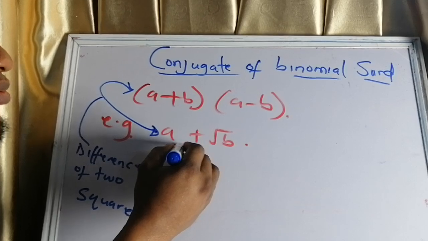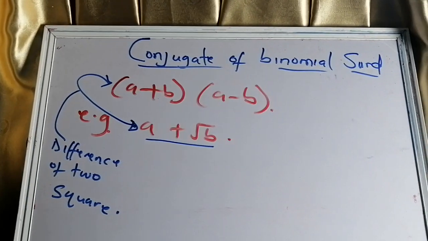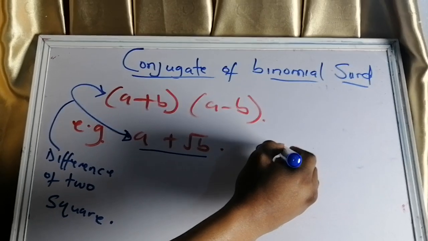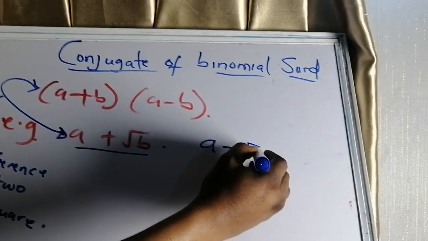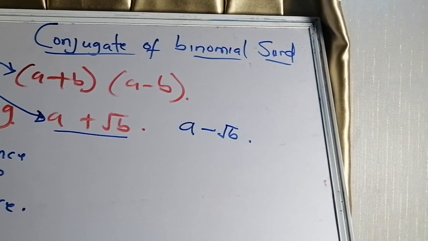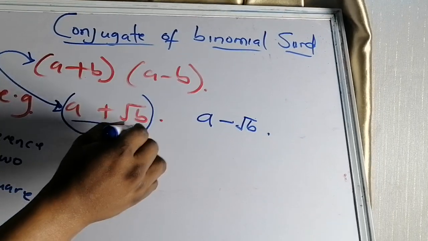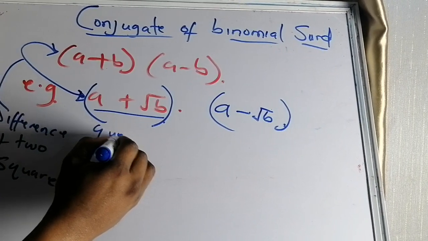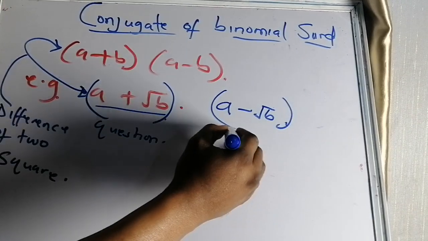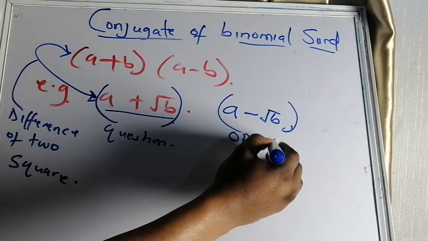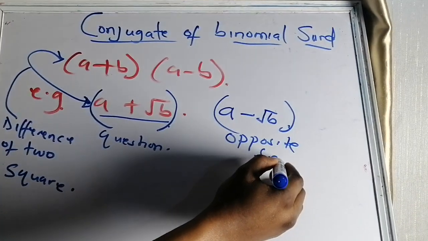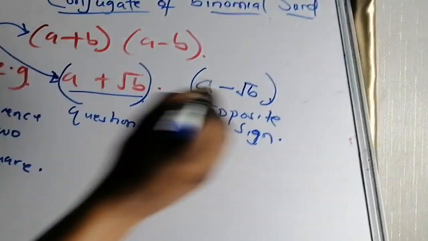This is the example I'm talking about. The opposite of this sign is what? A minus root b. Okay, so this is the question and this is the opposite sign.